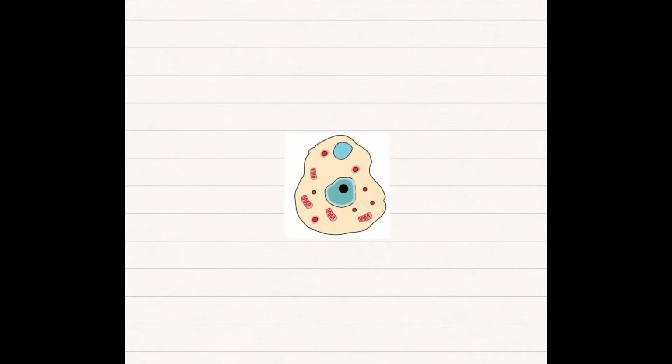So the black line around the cell is the cell membrane. And then there's the peachy kind of colour all inside the cell, which is the cytoplasm. And then there's the nucleus, which is the round one in the middle.